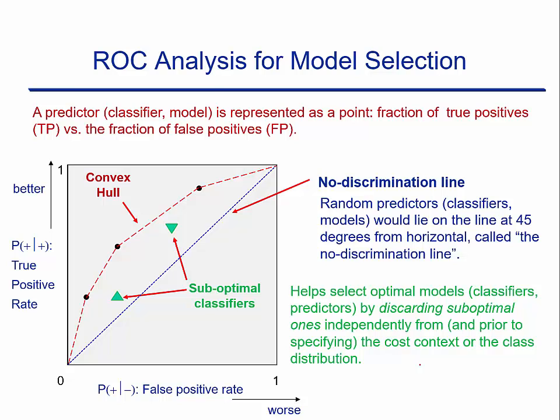Now, representing all the classifiers in a diagram in the two-dimensional space, we can see that the ideal is the left top corner, this point, which has the true positive rate equal to 1 and the false positive rate equal to 0. And the worst case is the right bottom, which misclassifies all the positive and the negative samples.